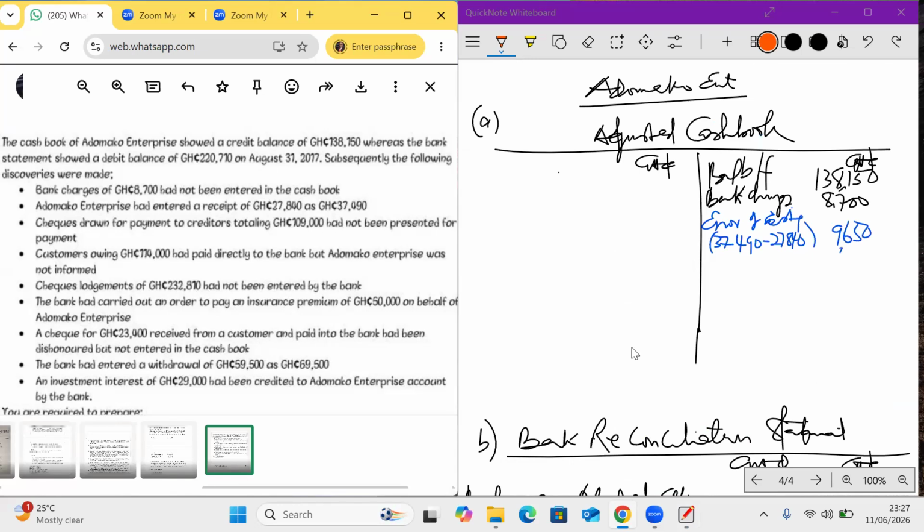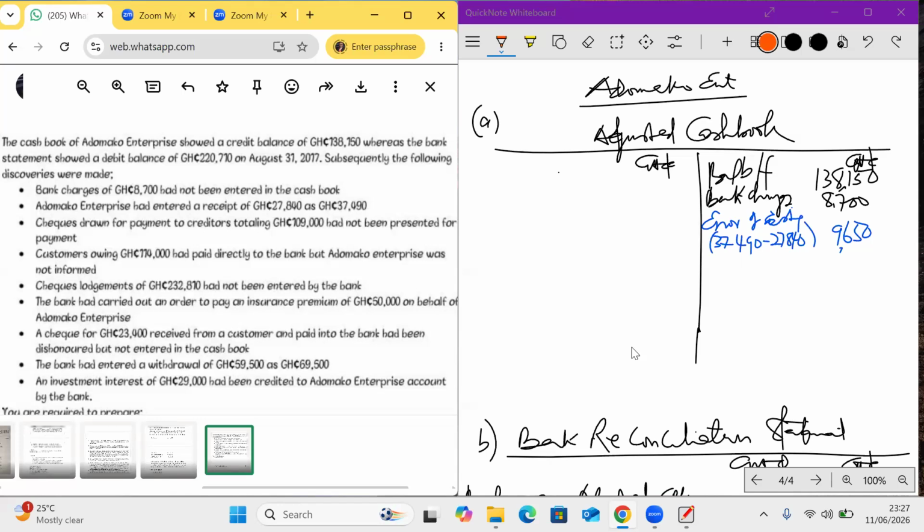Examine it carefully. Customer owing had paid directly to the bank, but Adomako Enterprise was not informed.